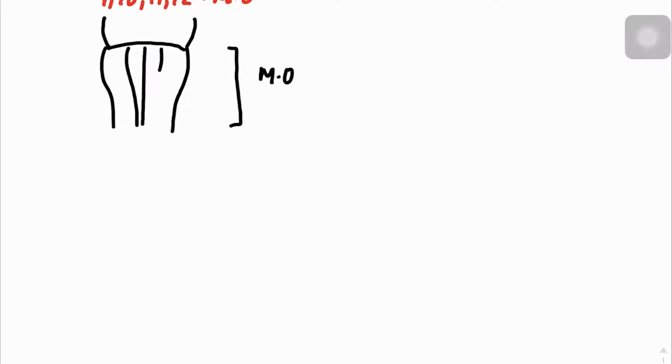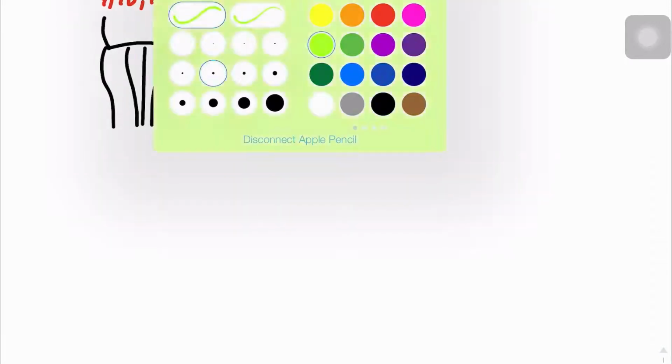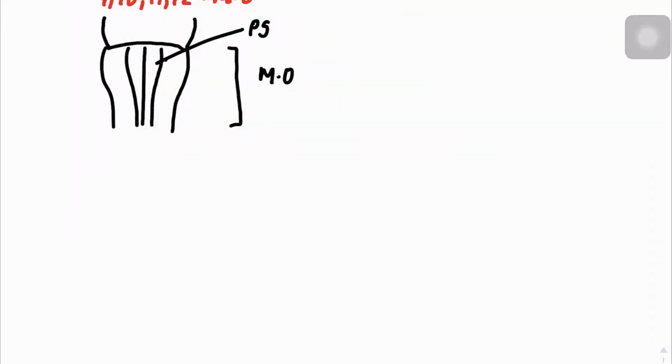These are the pyramidal swellings. So let us say this is my pyramidal swelling. After that I have the olive. So the olive will be a small elevation on either side of the pyramidal swelling.